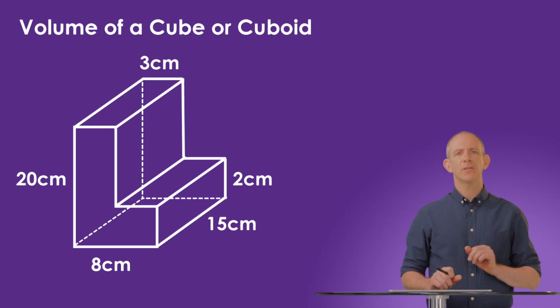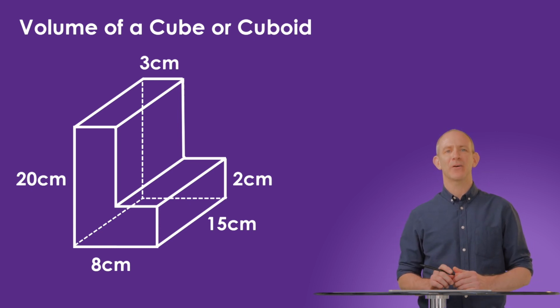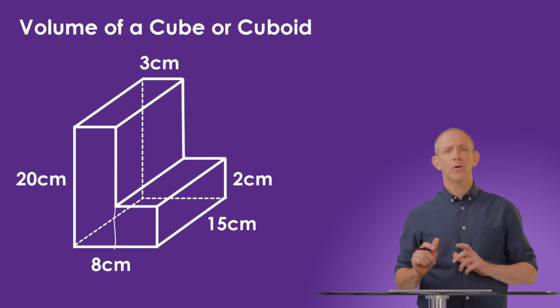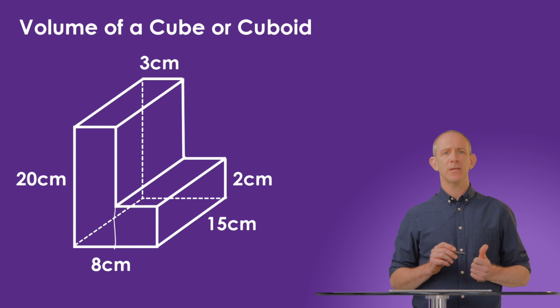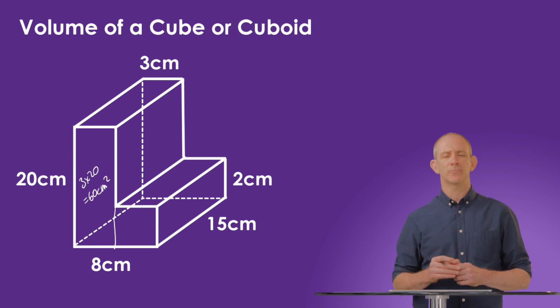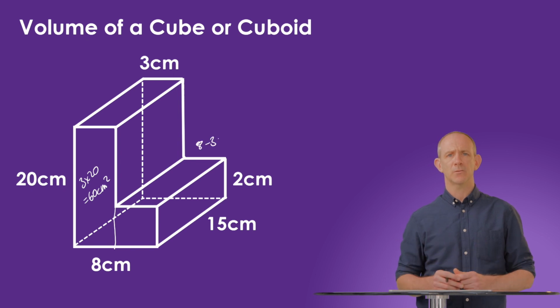Here, we're going to find the volume of a compound prism. This is a shape that has a front area which is a combination of 2 or more recognizable polygons. Here, we could cut the front face into 2 rectangles to find the front area. On the left, there would be 3 times 20, which would equal 60 centimeters squared. And to calculate the smaller rectangle, we need to calculate this upper edge, which is 8 take away 3, and it gives us 5 centimeters.